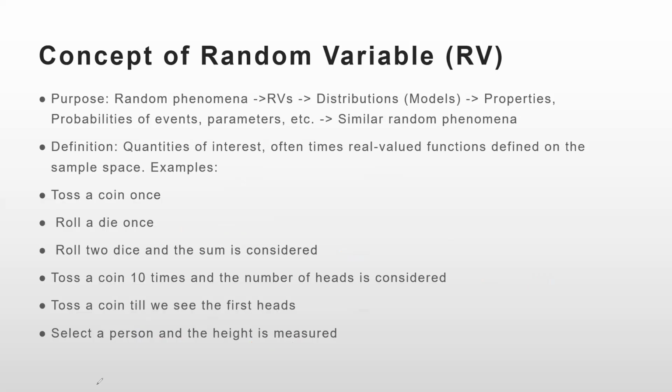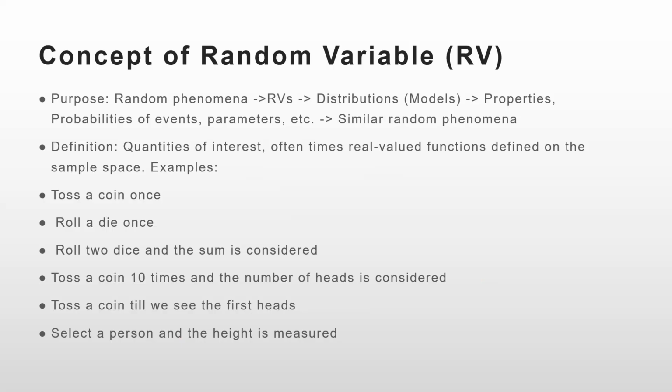The next example, select a person and height is measured. In this case, normally we treat people's heights as a continuous random variable, say from 0 to maybe 3 meters. It's less likely to see a 3-meter person, but nevertheless, you have an interval.